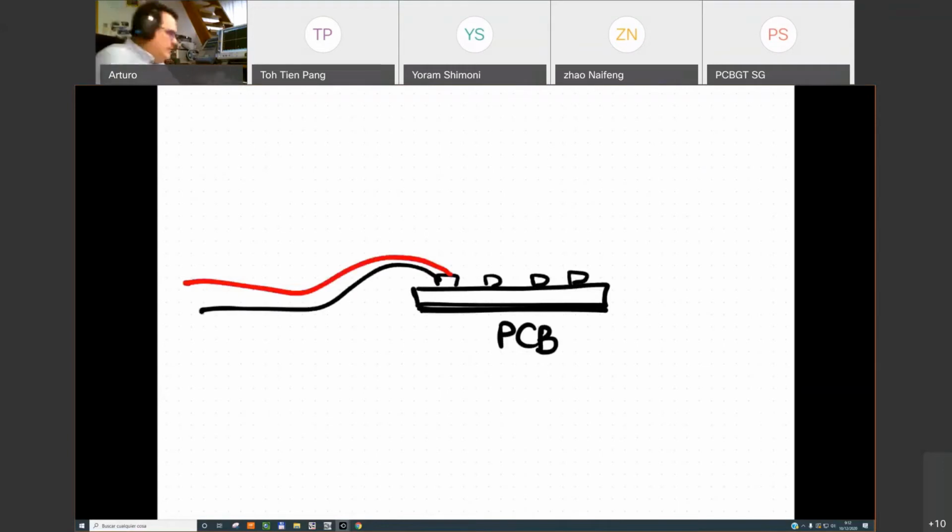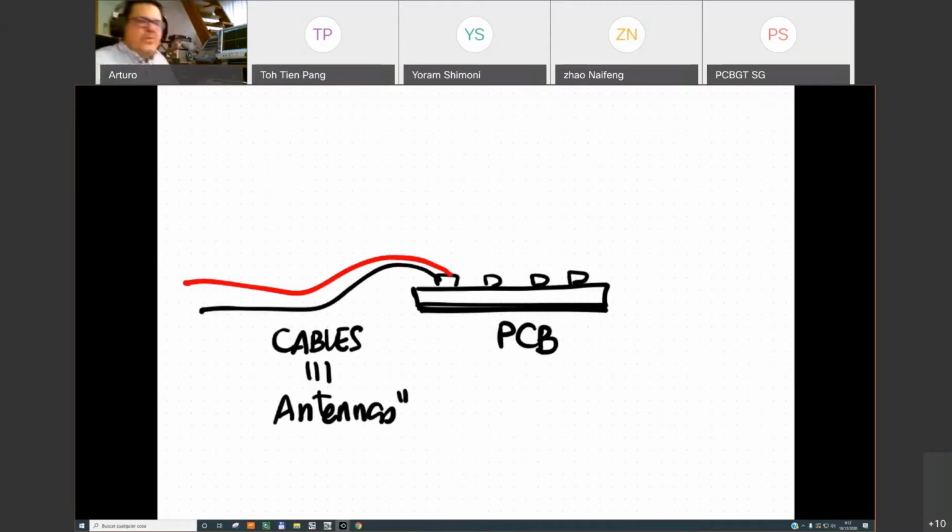Cables are very important for EMI because cables usually are the most important antennas, the most efficient antennas in our systems. Remember that to be able to radiate or to pick up noise from the environment, we need something that is metallic and in a dimension that is comparable to the lambda wavelength of the signal.